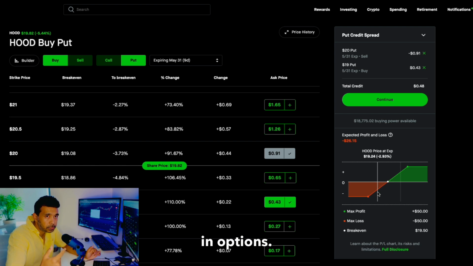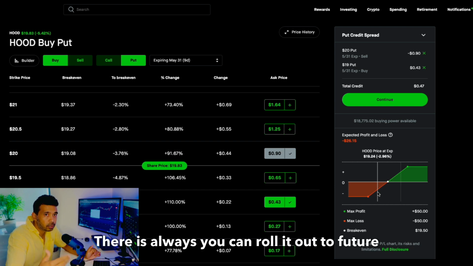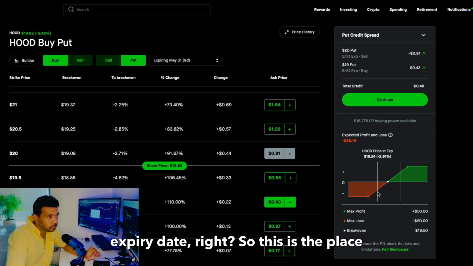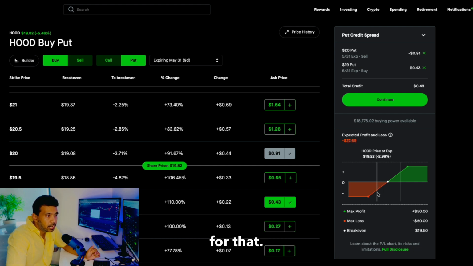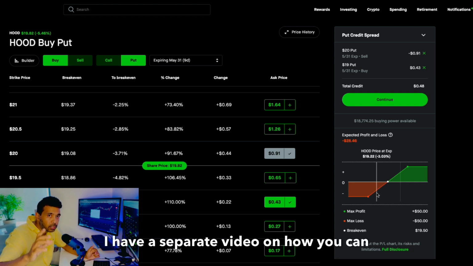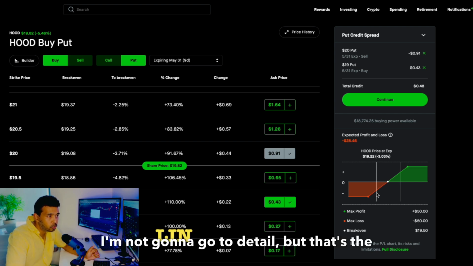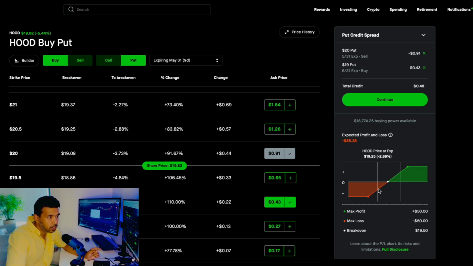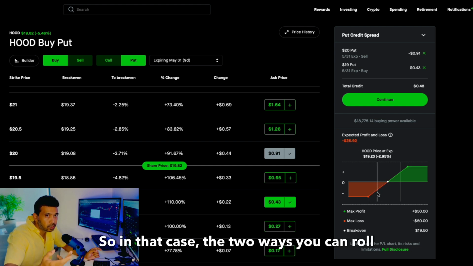Because in options, you can always roll out to a future expiry date. This is the place where you should do it. I have a separate video on how you can roll it out, so I'm not going to go too detailed, but that's the option you should exercise if the stock is hovering around here. There are two ways you can roll it out quickly.